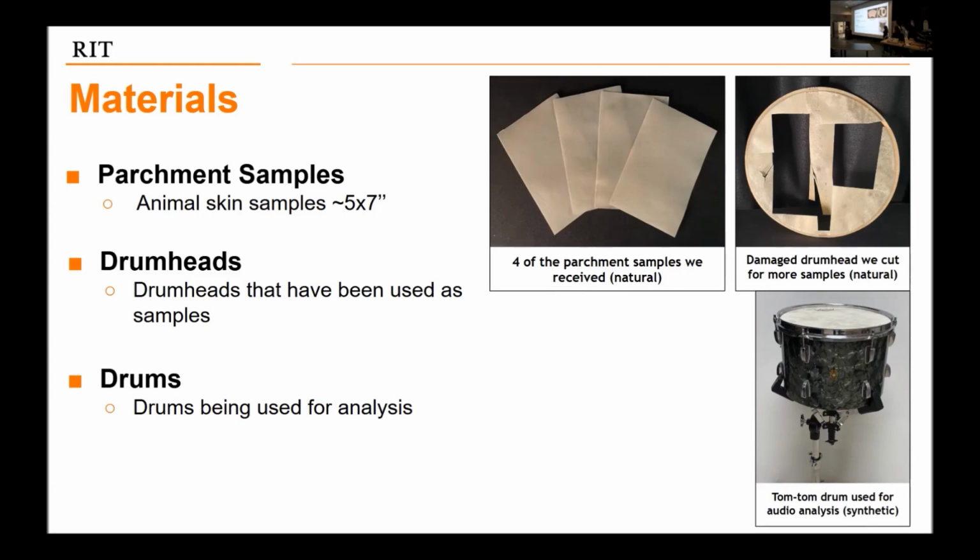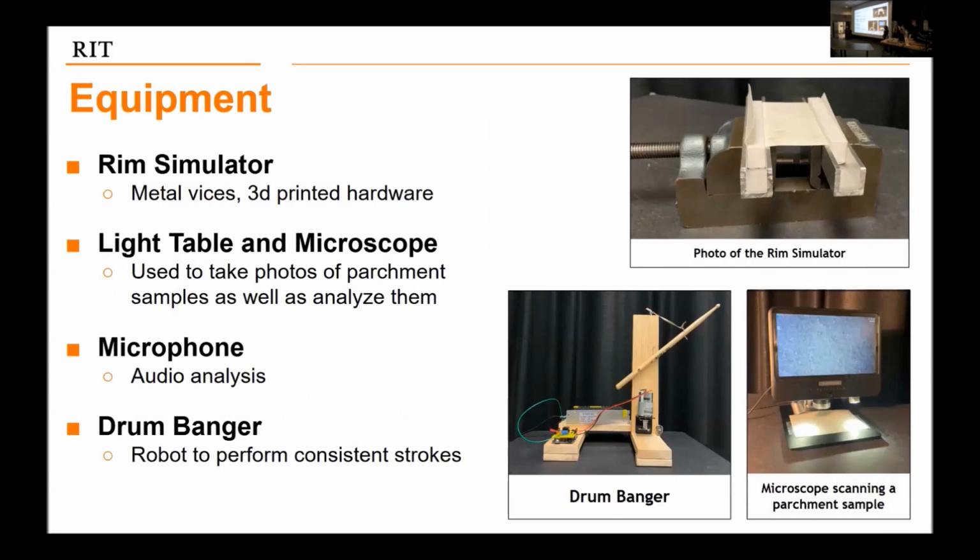Obviously, another material was the drum heads, and we also used the drums for audio analysis, specifically with the synthetic drums. And then we built a rim simulator. The parchment samples were some of the only natural calfskin we had, and obviously it wasn't big enough for an actual drum head.